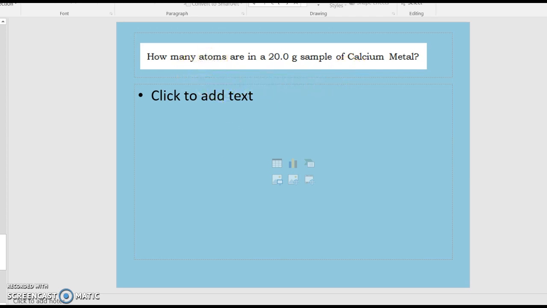It's asking for the number of atoms. So I'm going to go back to where we started earlier today, where we talked about how moles is the center.